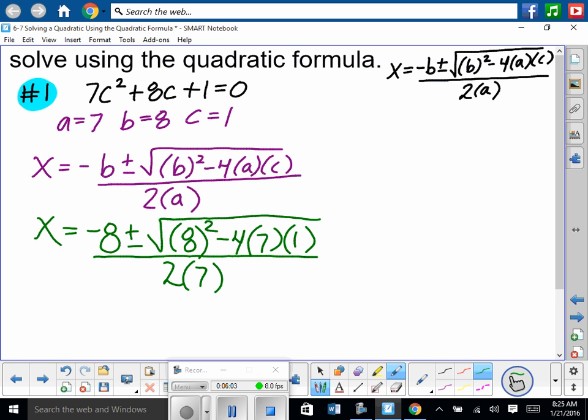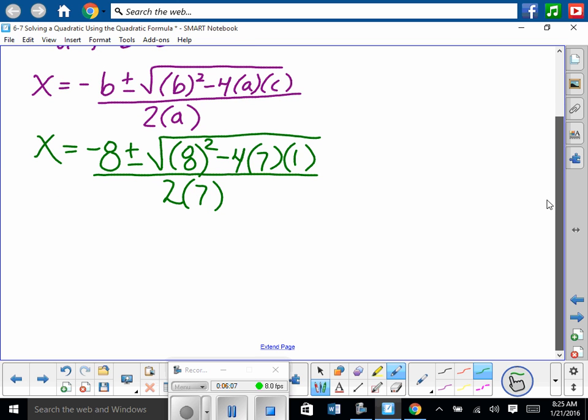So now we're just going to simplify, but you've got to simplify correctly. The quadratic formula in general is not hard. It's simplifying it correctly that's hard. So I'm going to write it out again. X is equal to negative 8 plus or minus the square root. I'm not going to type in the square root of that, because if you get a decimal, then you're like, messed up. So here we go. I'm only going to calculate this part so I can show my work.